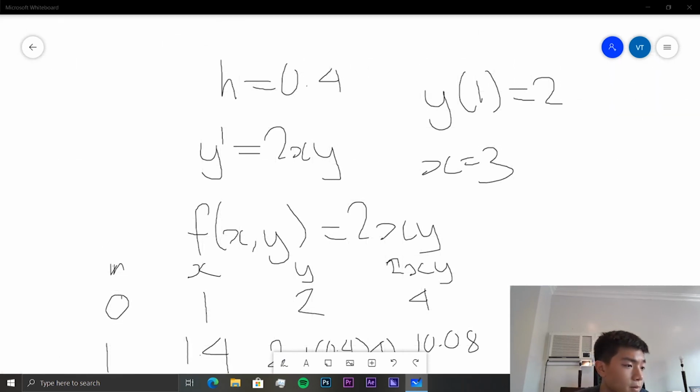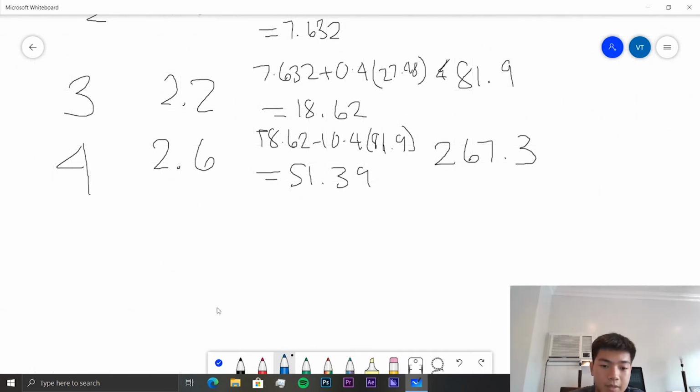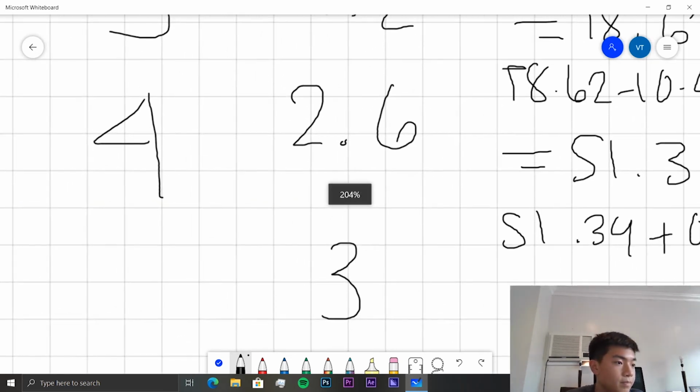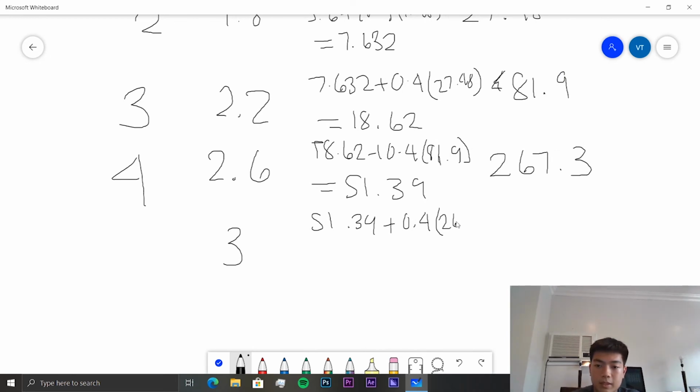Let me just check. y prime equals 2xy, y of 1 is equal to 2, and we need to solve it at x equals 3. Okay, let's keep going. So for the final step, at x equals 3, we get 51.39 plus 0.4 times 267.3.